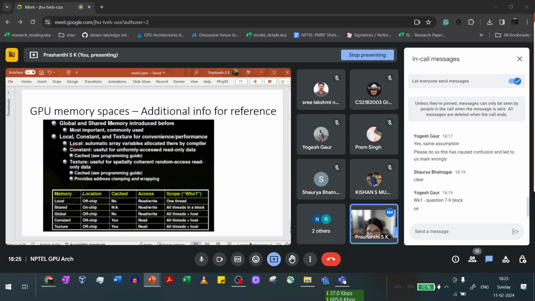And this tells you where that memory is, whether it's on the chip or off the chip, and access, whether it's read write, whether it's cached, and then who can access it. So you can go through this offline. We won't spend too much time on this because it's not very necessary from the course perspective. It's just a very detailed GPU memory hierarchy.